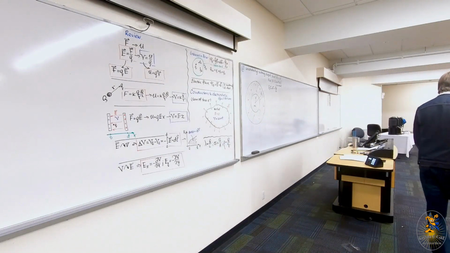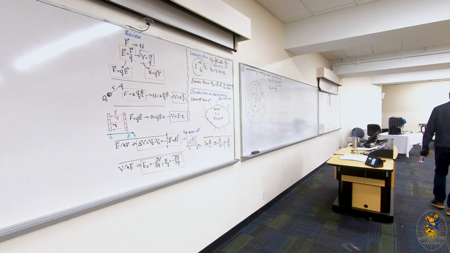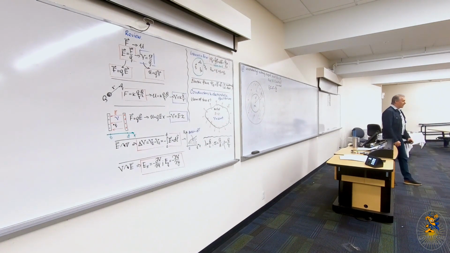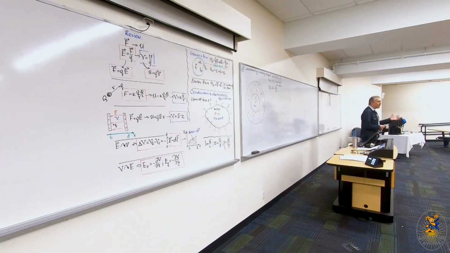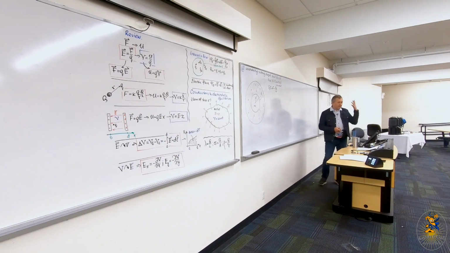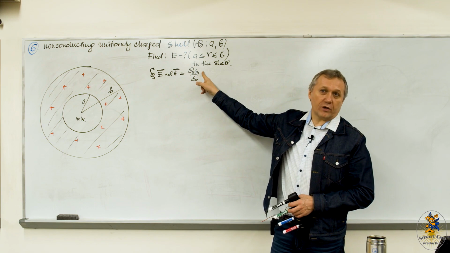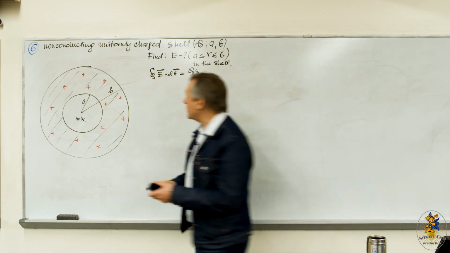And the first step which you have to make before you start applying Gauss's law, you need to pick a Gaussian surface, because without a Gaussian surface you wouldn't be able to move any further. You'll get stuck. You have to integrate over that surface. You need to see which charges are inside. Gaussian surface must be picked.